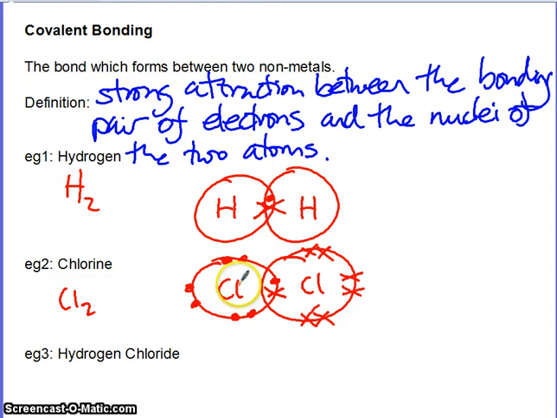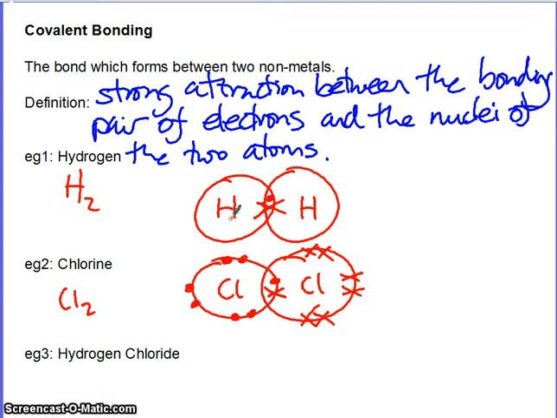This chlorine atom is happy. 2, 4, 6, 8. This chlorine atom is happy. And when we form a covalent bond, we bring 2 atoms together, or maybe 3 atoms or 4 atoms if we're forming more than one covalent bond. This is what's called a molecule. Overall, it doesn't have a charge, and it's 2 atoms covalently bonded together.